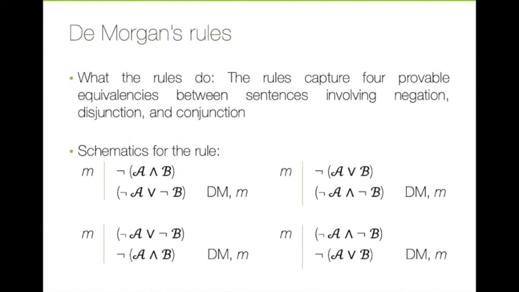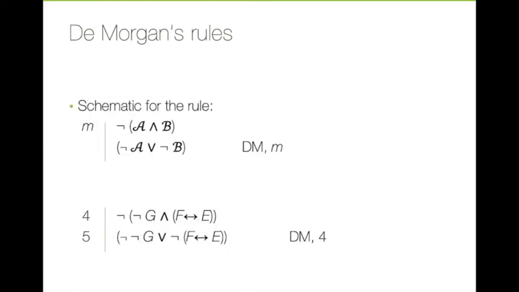The trickiest thing about the De Morgan's rules is that it can be a bit hard to keep track of the scope of negation. So we'll illustrate one of the 4 versions of this rule, and we'll look at a pretty complex example to show how you have to be mindful of negation. I've copied this schematic, so we're looking at the one where we have the negation of a conjunction and we prove the disjunction of 2 negations.